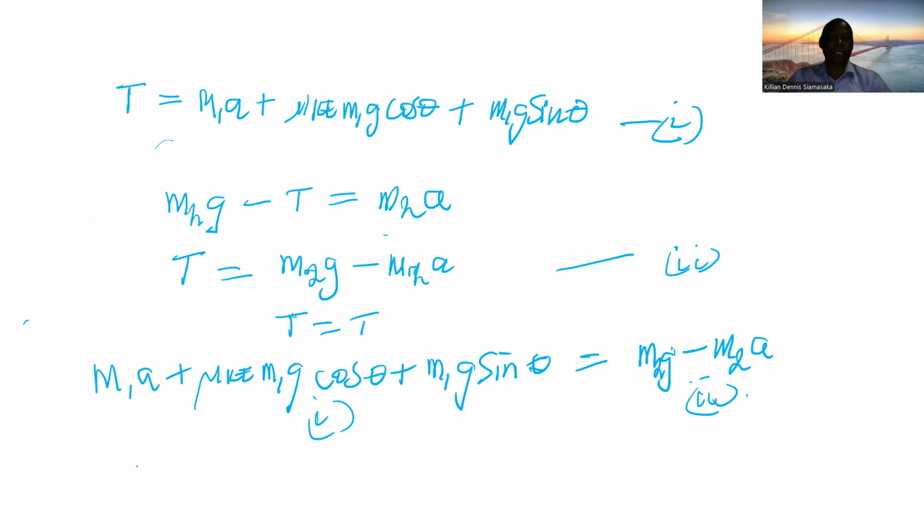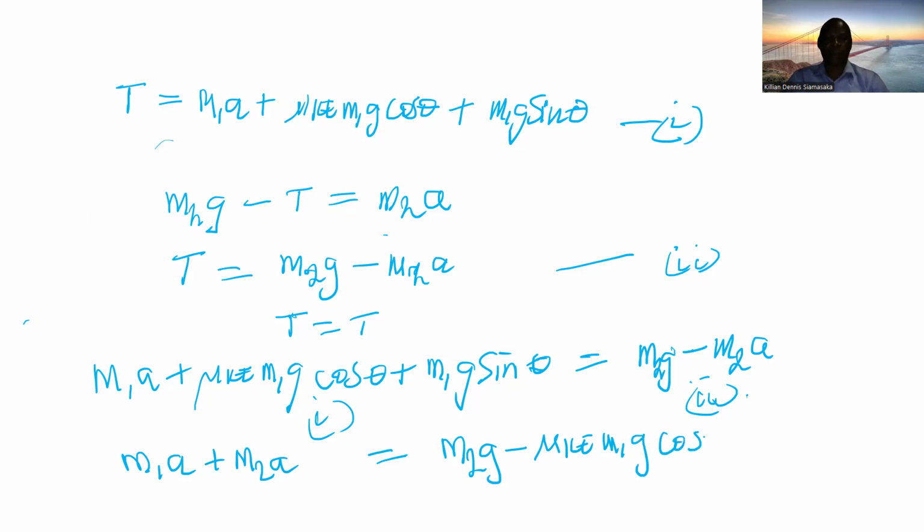And meaning that we can collect the like terms together. Mass 1 times acceleration, plus mass 2 multiplied by acceleration, should be equal to m2 g minus coefficient of kinetic friction m1 g cos theta, and then minus m1 g sine theta.